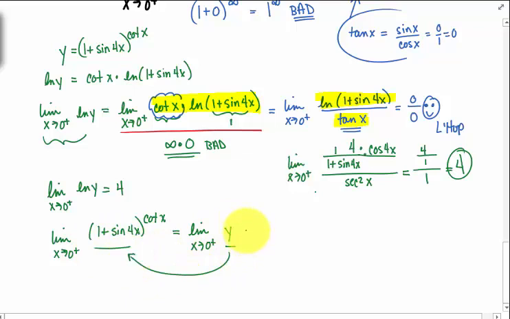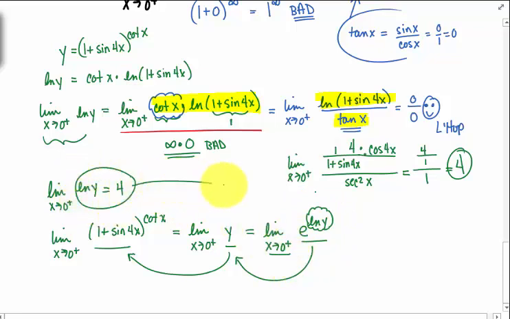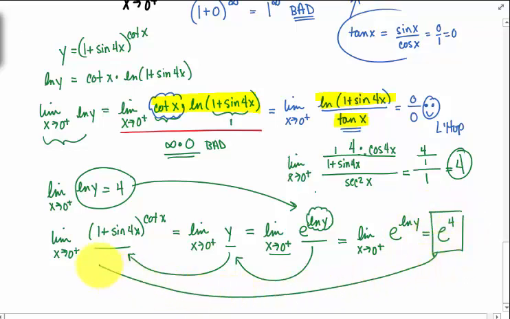We're going to rewrite this in a different form, and we're going to call it e to the natural log of y, which is essentially equal to y. Now, we know what the natural log of y approaches as x goes to 0 from the right, so we're going to substitute that back in. The limit as x approaches 0 from the right of e to the natural log of y is equal to e to the fourth. So this is the answer to our very original problem.